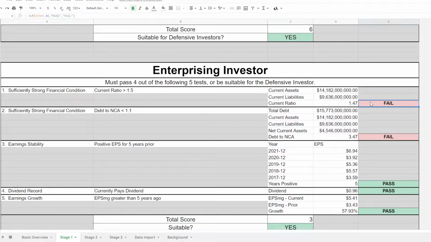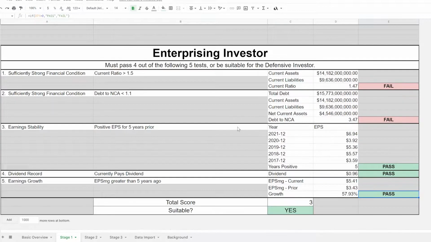It fails the current ratio, just barely, and it fails the debt to net current assets requirement. So it has higher debt than you want to see here. But overall, it passes earnings stability, dividend, and growth, and it gets a score of 3. And it is suitable for the enterprising investor, like I said, because it is also suitable for the defensive investor.